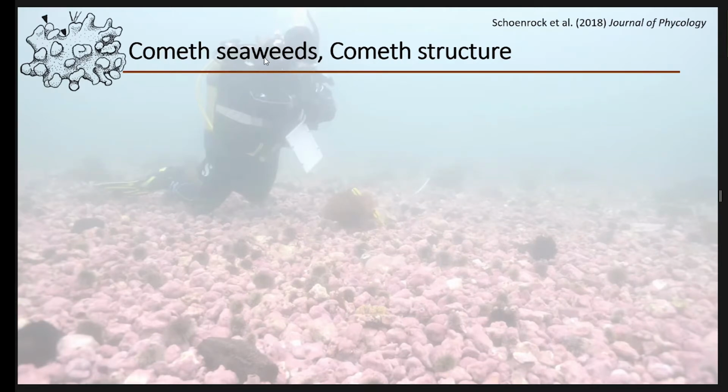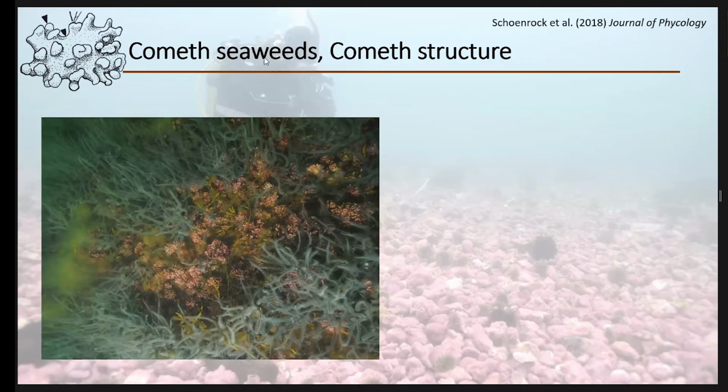So in my past work, I've worked on rhodolith beds and marl beds in Greenland. And these, again, are very productive habitats. The marl themselves are photosynthetic, but they actually don't produce that much oxygen. They may be more important as a habitat.